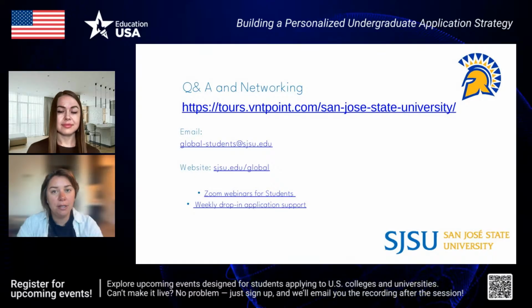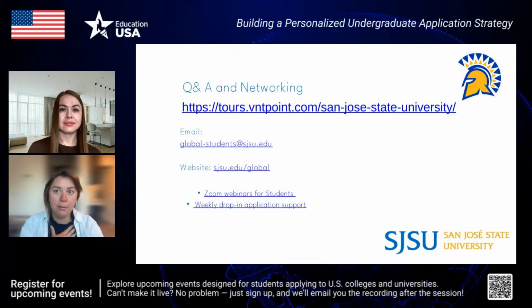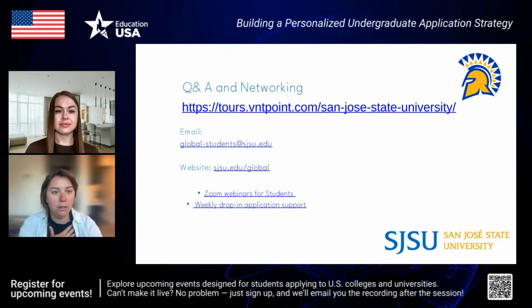Maybe the application, like for ours, for example, is not going to open until August, but we're still getting emails to ask us questions about what can I do to prepare? How can I understand a little bit more? So don't wait for just the application period to open if you have questions.